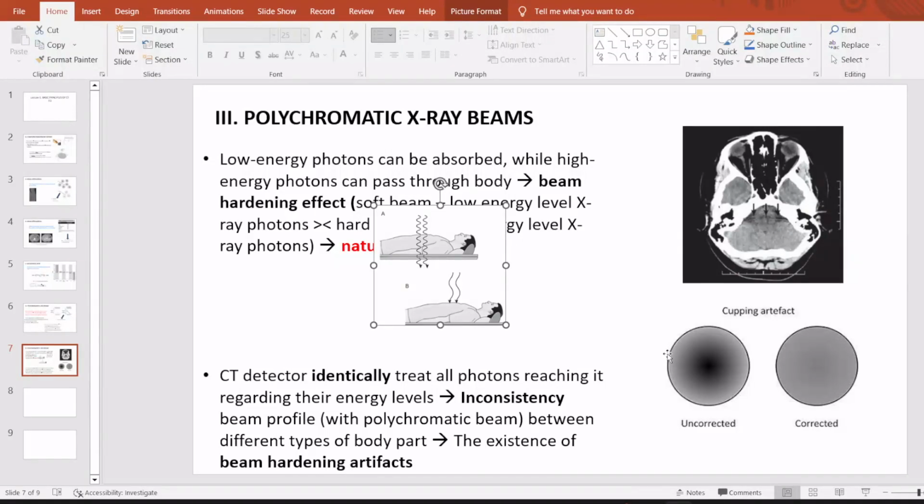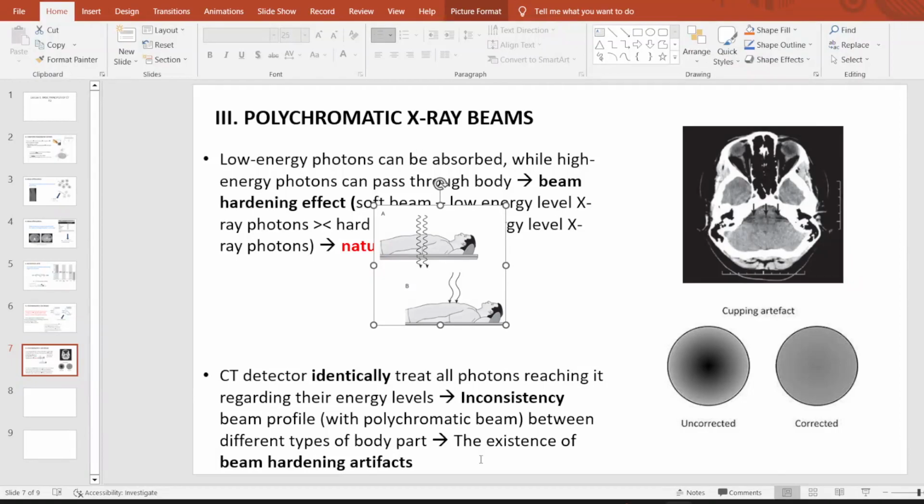The second type of beam hardening artifact is the cupping artifact, and it results in a vague area on the image. I can explain it this way: the middle portion of the body is usually thicker than the peripheral portion. So that's the reason why, when the X-ray beam goes through our body, less X-ray photons come out in the middle portion of our body.